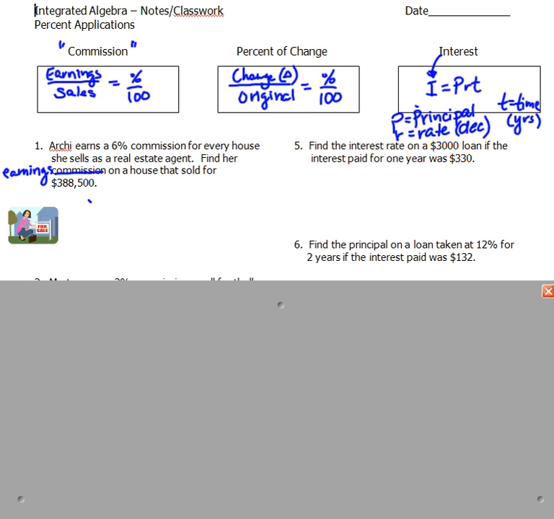All right, so that's my X over the sale price of the house was $388,500, and the percent of interest is 6 over 100. So we just cross multiply, solve, simple math, 23,310 was her earnings. That's a nice little nugget.